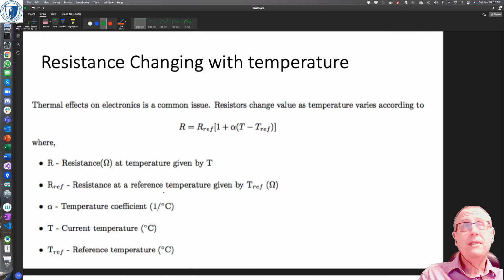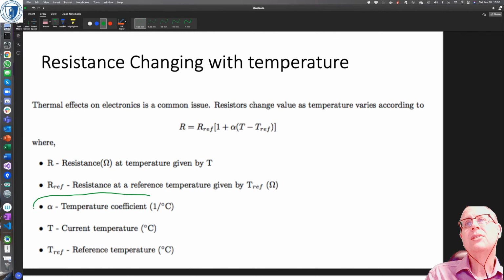Anyway, this physical property is called the temperature coefficient, and it's denoted alpha, right?